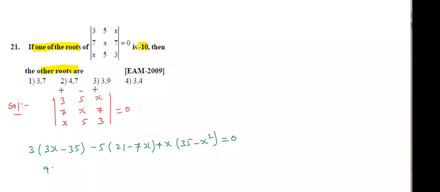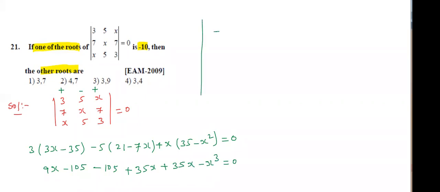Now this is 9x minus 105, minus 105 plus 35x, plus x into 35, 35x minus x cube, equal to 0. Okay, now calculate.